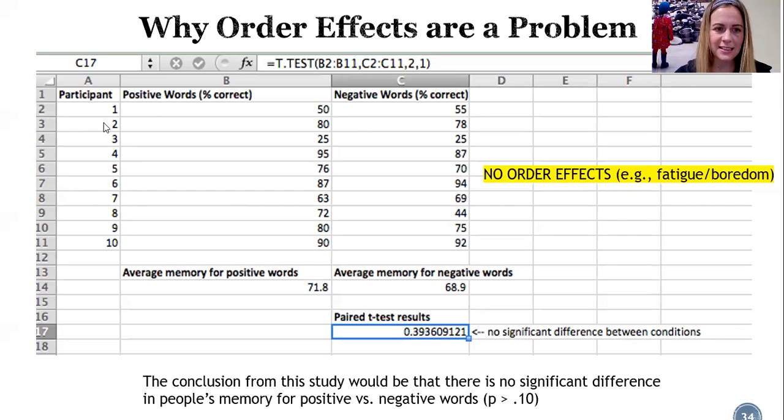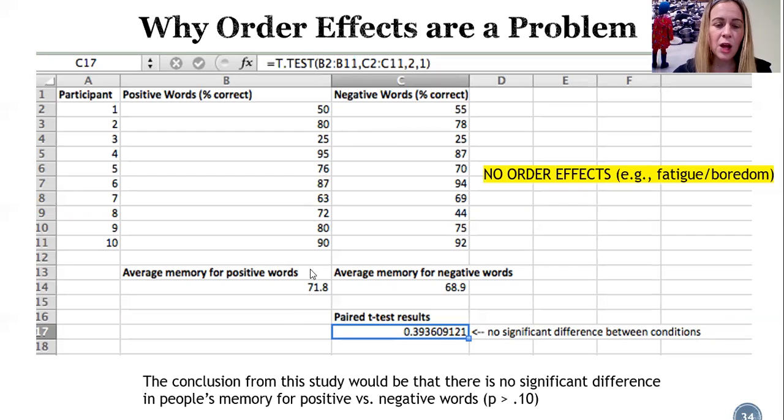It's a within subjects design, so we list all of our participants here, and we've listed their performance, the percentage of words that they get correct when they are reading positive words compared to when they're reading negative words. You can see that there's some variation among people. This person's memory is pretty bad, but because we're testing the same people in the two different conditions, it doesn't really matter because their performance is going to be bad in both of the conditions. We're going to be able to see whether there's a difference between the conditions.